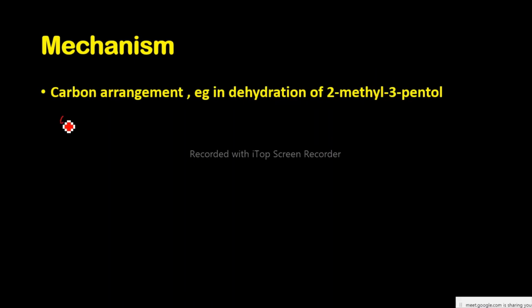So you have this CH3, CH, and then you have a methyl group here, and then CH, this is CH2, and you have the OH here, and then you have CH, CH3.